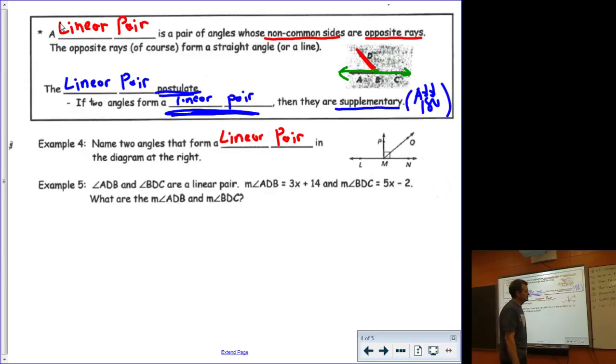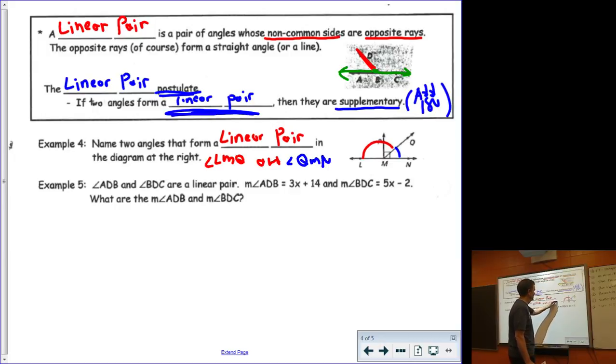Well, there are a couple choices, but I'm going to use this angle, which would be angle LMQ, and this angle, angle QMN. Together, they share a common side, and their non-common sides make a straight line, therefore a linear pair.